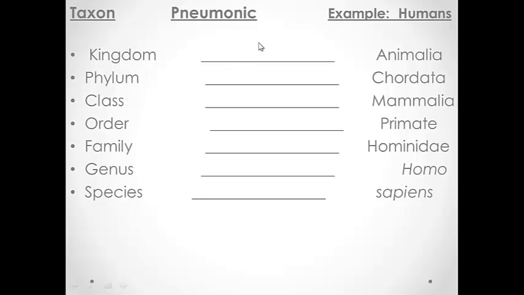I've had people in the past say, "I think Keisha's phone case only fits Galaxy S4s." That was one that they used, and there's all kinds that you could use. It doesn't really matter what you use as long as it starts with K, P, C, O, F, G, and S.